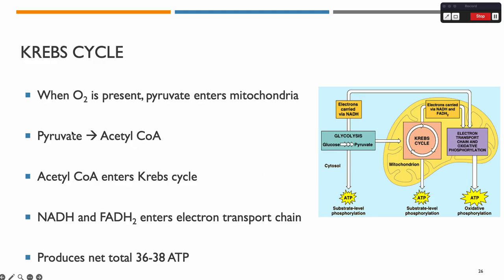So pyruvate is converted into acetyl-CoA, which will be in the mitochondria and then enter the Krebs cycle. This is really the first step of the Krebs cycle, acetyl-CoA entering the Krebs cycle to make citrate.